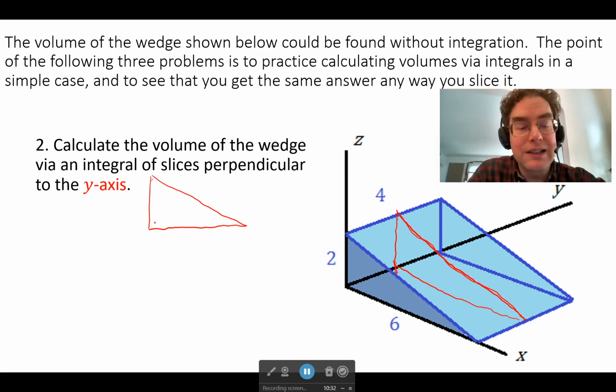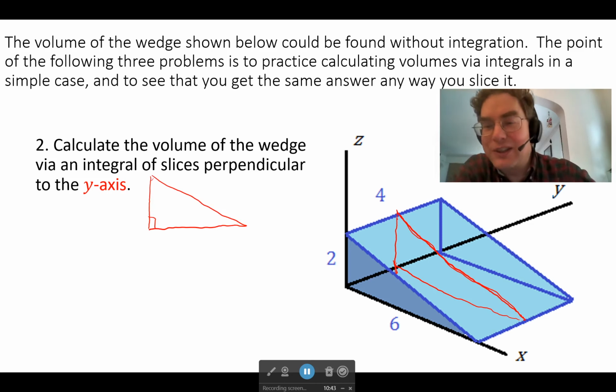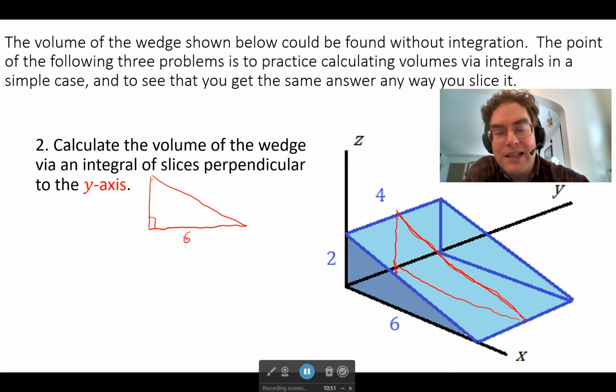And these are right triangles. With this particular way of slicing, the slices actually do not change. All of the slices are going to be triangles, and not only that, but they are all going to have that same base of 6 and the same height of 2.